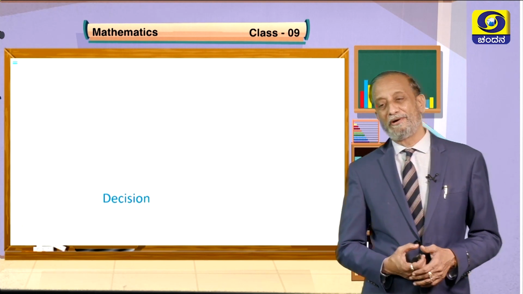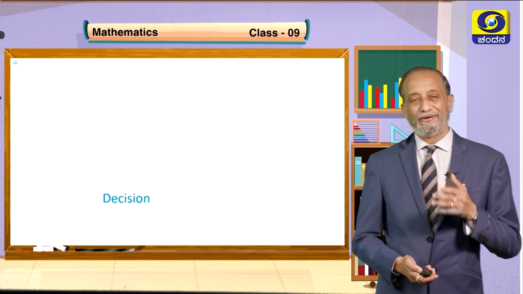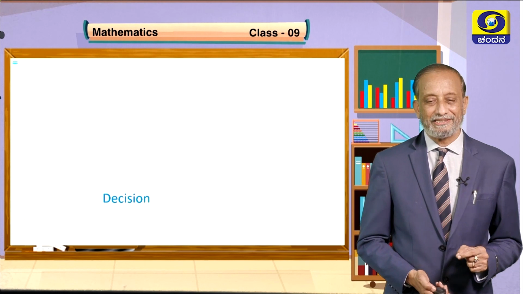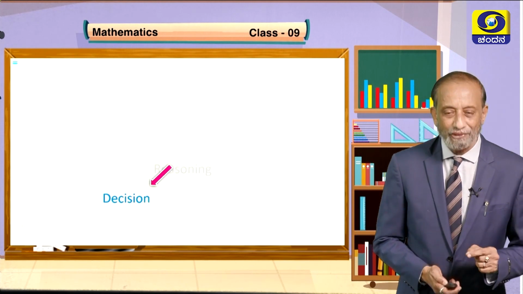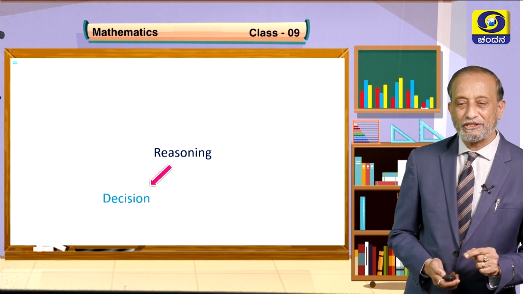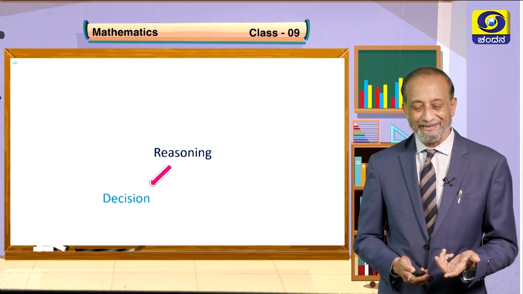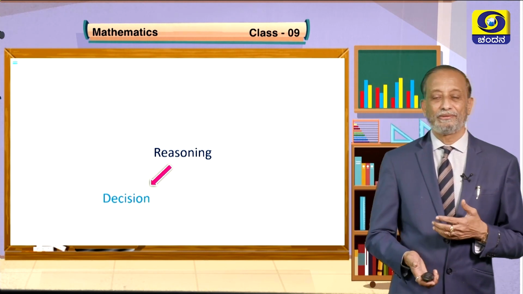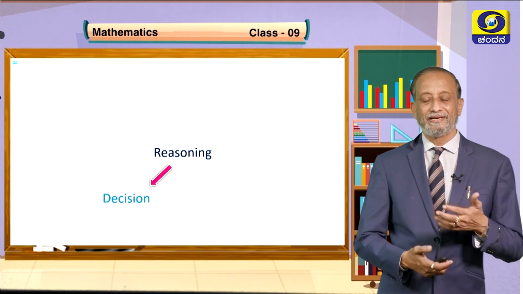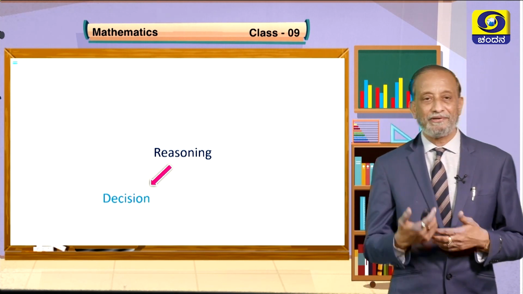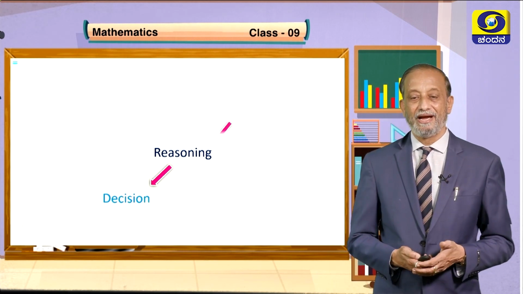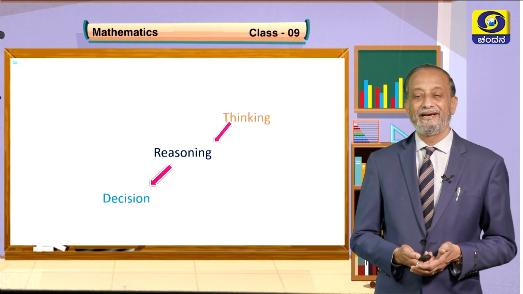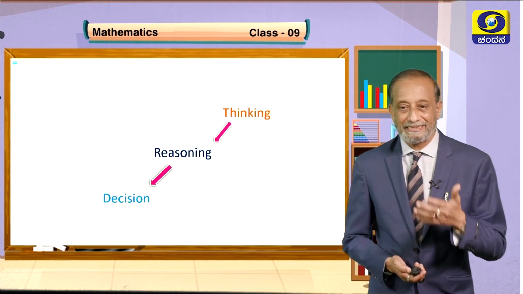Okay? Yes. Now, from the time we get up in the morning till we go to bed, we will be taking decisions for one thing or the other. So, you should know that decision depends on the reasoning. In the human mind there will be so many reasons coming up, and with the help of reasons only we are able to take some decisions, and this reasoning depends on the thinking.